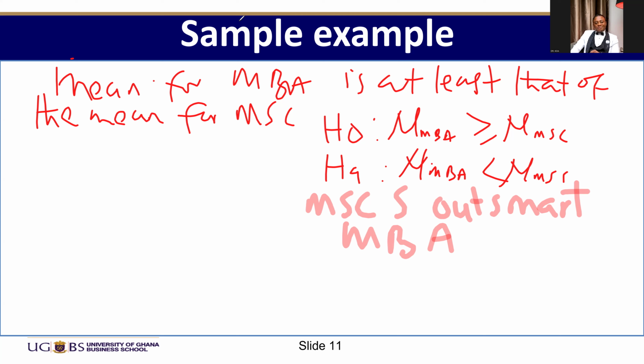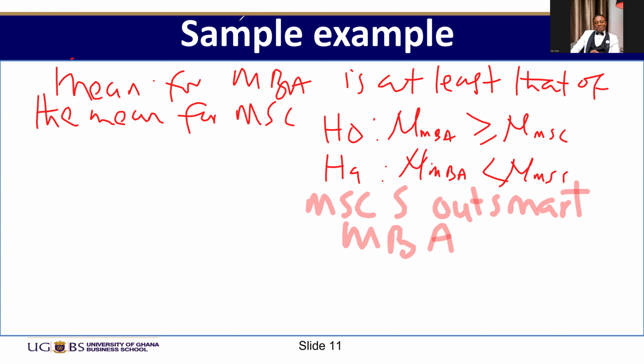But the alternative view is that the MSc outsmarts MBA students. Because looking at the alternative, it tells you what? Anybody? It tells me that the MSc are smarter than the MBA.